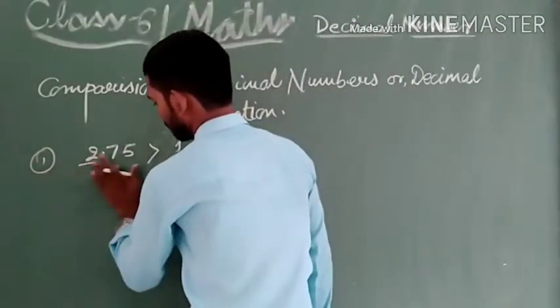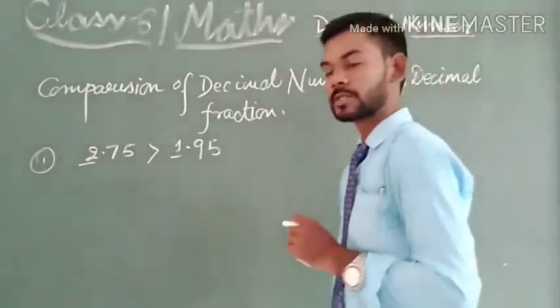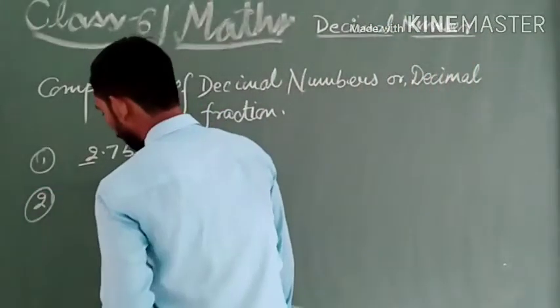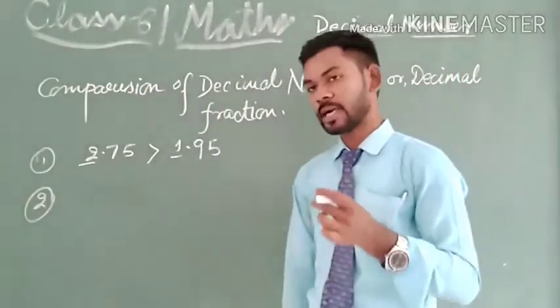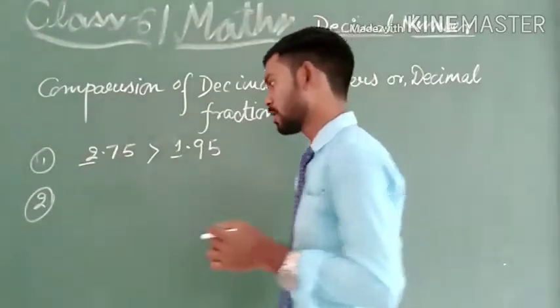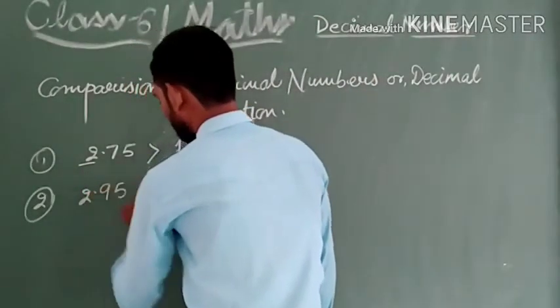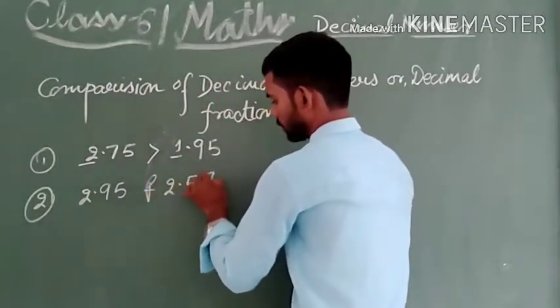But sometimes the whole part of the decimal numbers becomes the same. Then in this case we observe the digit at the tenth place, just like 2.95 and 2.57.